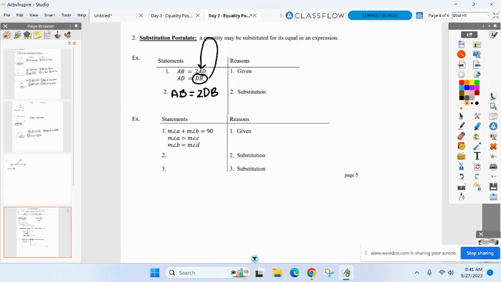So write 2 statements for me that would be true because you substituted in. There's actually 3 statements we could have, but I only want 2. Write those in, statements 2 and 3. Substitute in for what it's equal to and rewrite it.